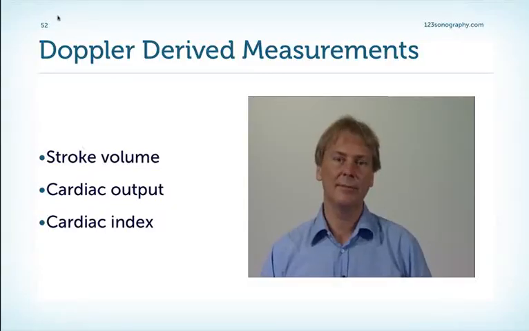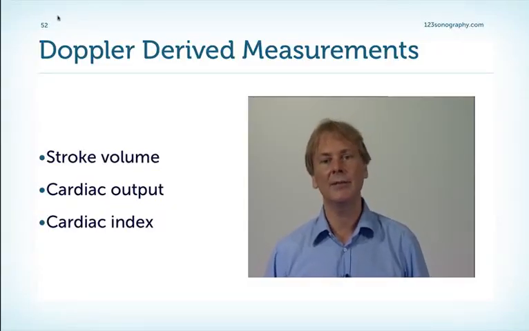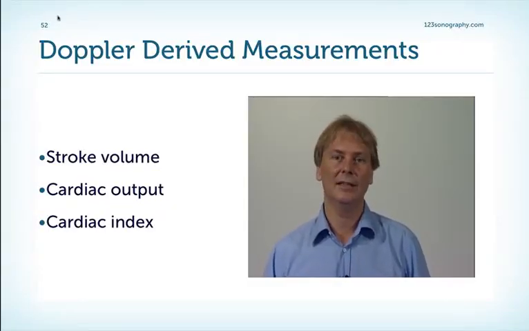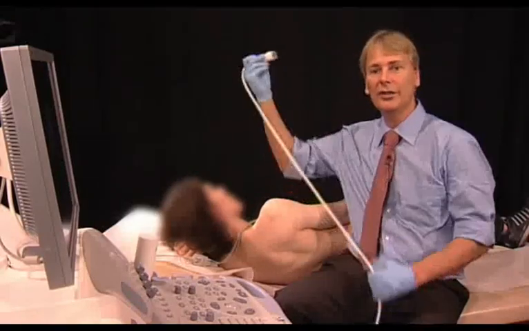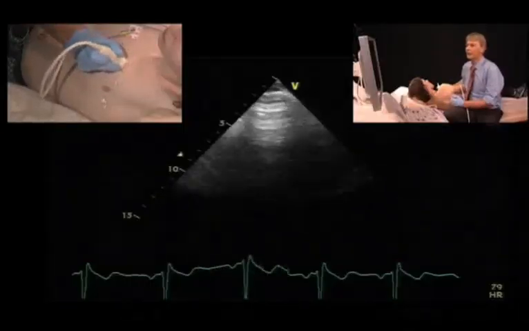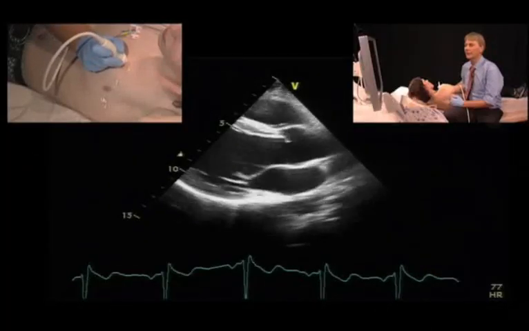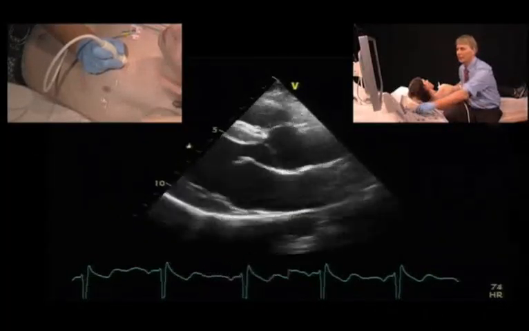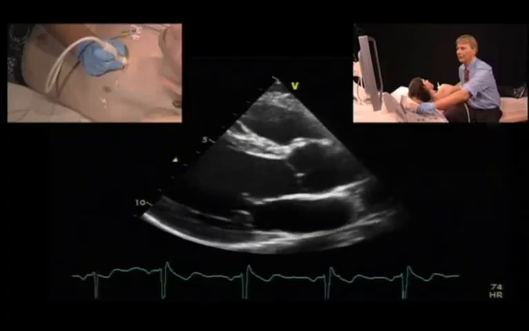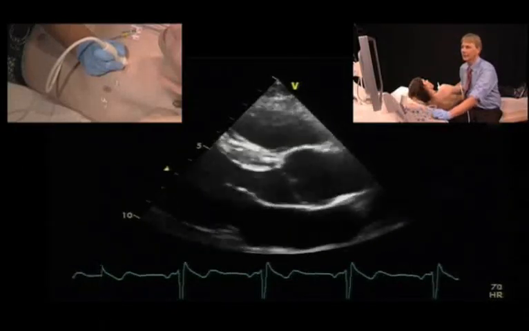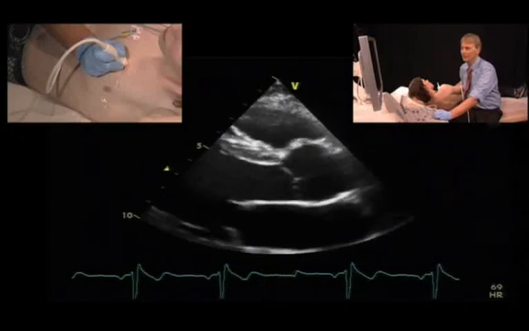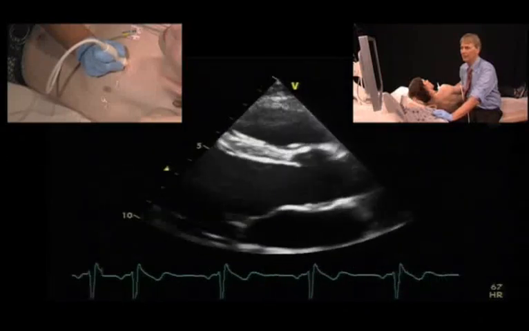Aside from the Simpson method, we can also use hemodynamic parameters to calculate left ventricular function. The most important part of measuring the stroke volume is the measurement of the LVOT diameter. To get a good measurement, you have to increase the resolution and try to see that you have the aortic valve nicely in your image.